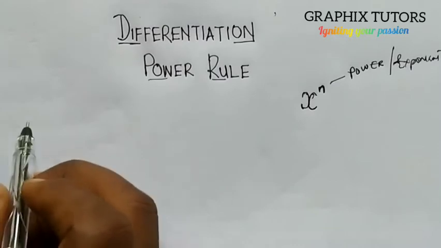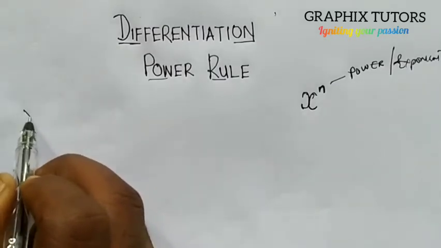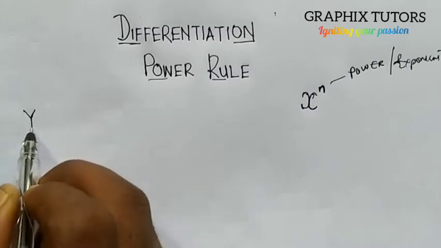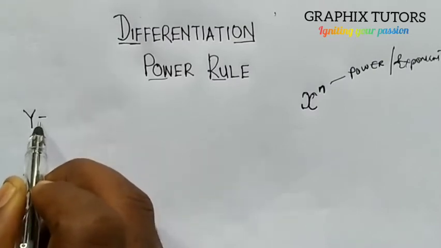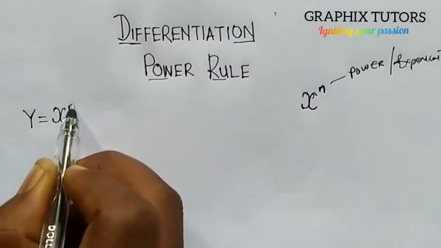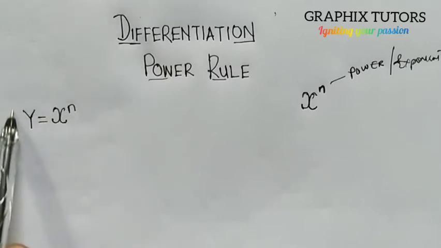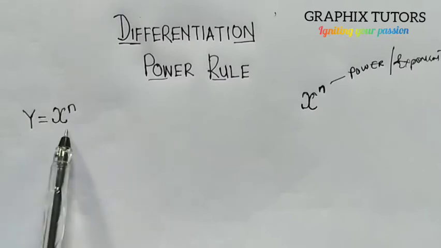For instance, if I have y equals x to the power of n, right? If I'm to look for the derivative of this, that is if I differentiate this, I'm differentiating my y with respect to x.